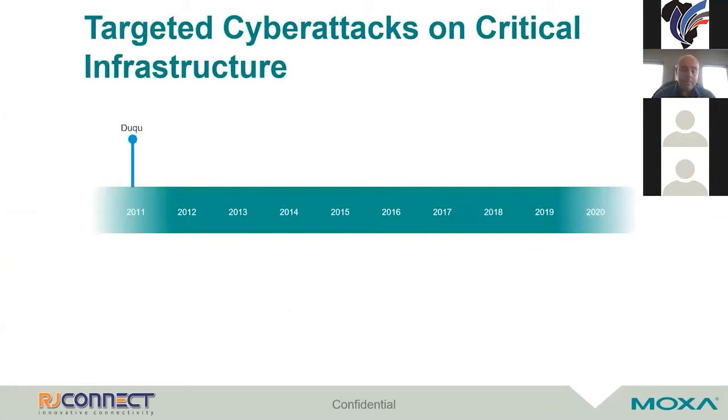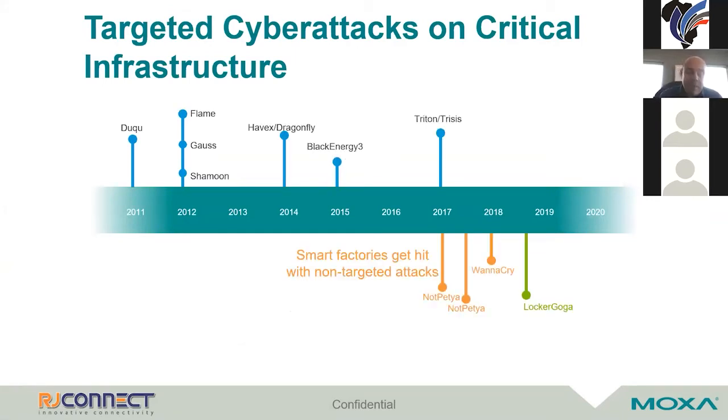Let's continue. So this is what has happened in cyber attacks for OT networks. Understand this: these are attacks that have been created to attack our OT networks. They're not attacks on your file server or your email, for example, in your IT network. These were targeted attacks on your OT network, on your PLCs, for example, on your SCADA systems.